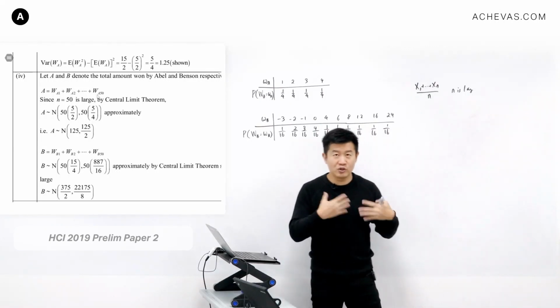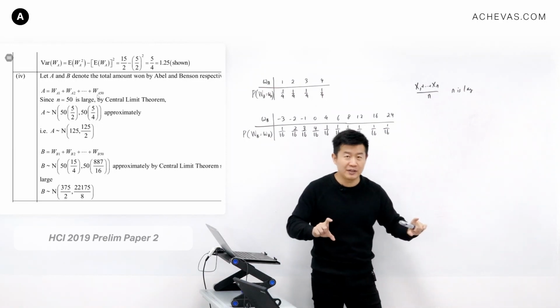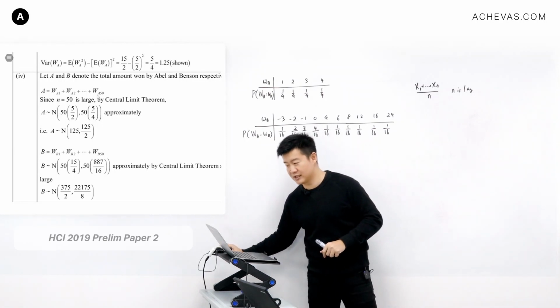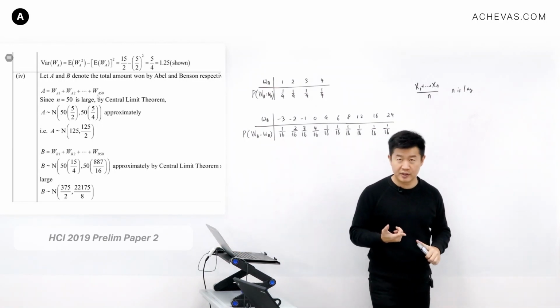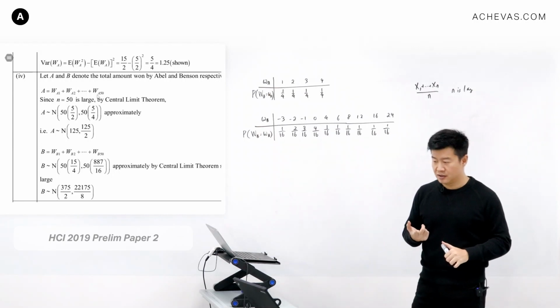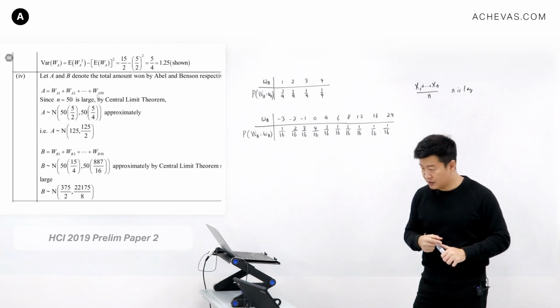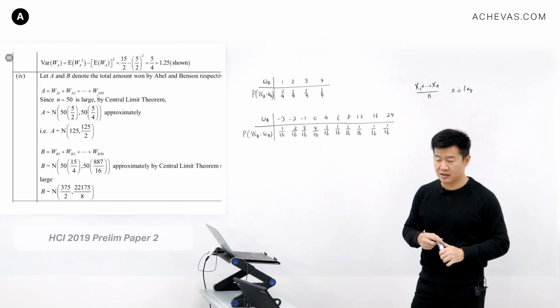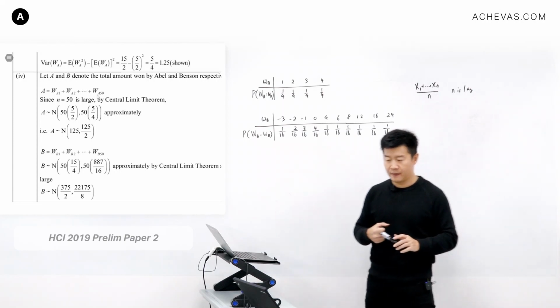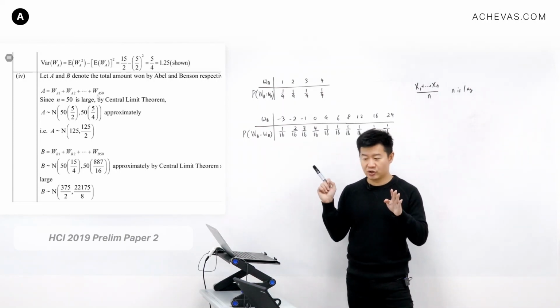But has any of your schools talked about central limit theorem without the divided by n portion? That means it is just this. I know one school talked about this, which is NYJC, but none of you are from NYJC. Anybody's school actually talk about this?